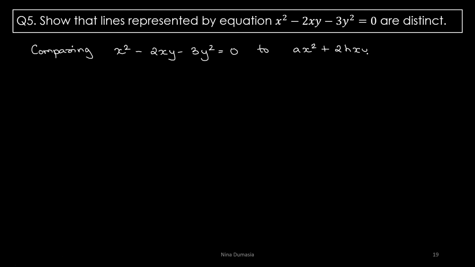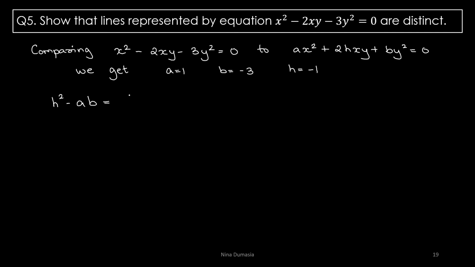Comparing with ax square plus 2hxy plus by square is equal to 0, we get that a is equal to 1, b is equal to minus 3 and h is equal to, तो यहाँ पे 2h is equal to minus 2, so therefore h is equal to minus 1. So now we have the value for a, b and h and अभी we will find h square minus ab.